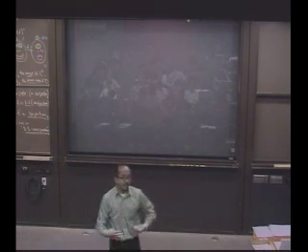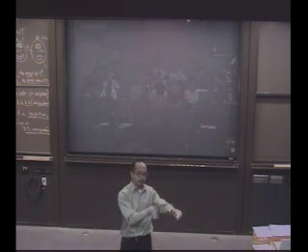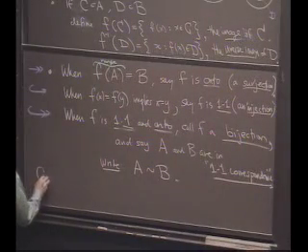And in our case, when we count 1, 2, 3, 4, 5, 6, what am I using for the set A? Natural numbers or some subset of them, right? The first portion.